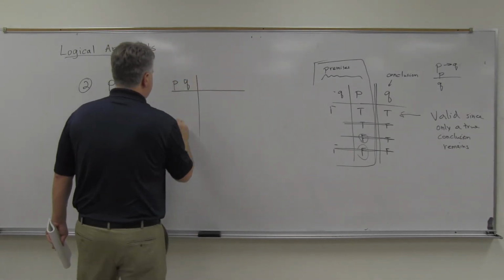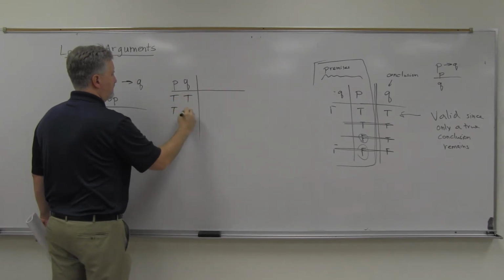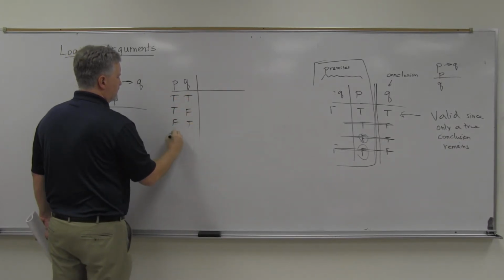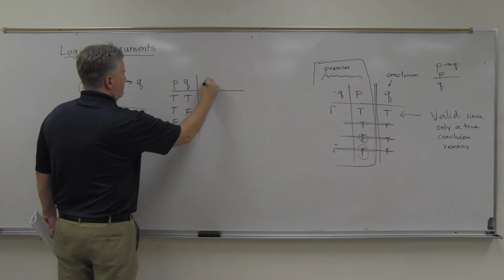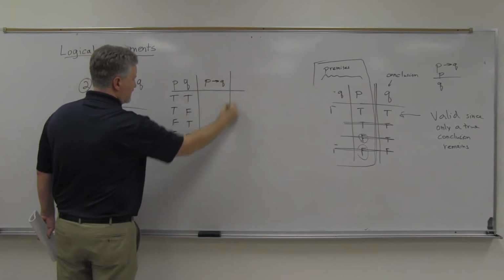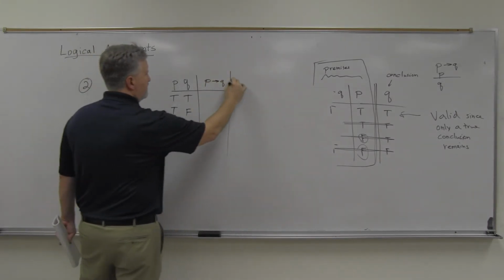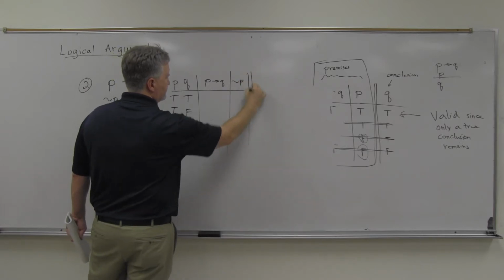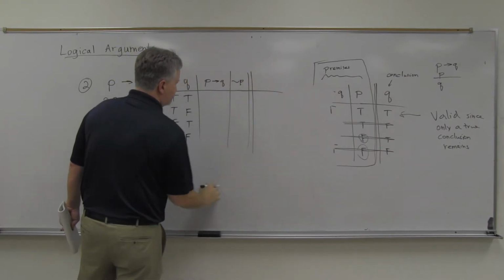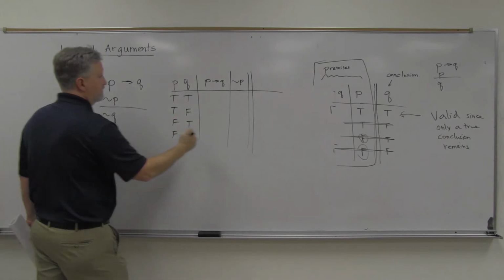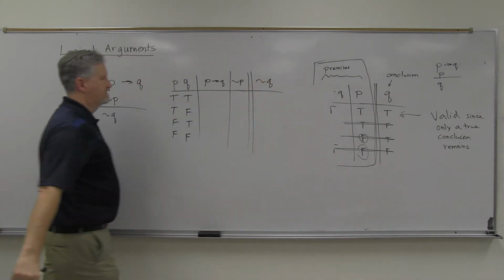P's, Q's: true, true, true, false, false, true, false, false. P arrow Q, column for it. Second premise is not P, so we'll do a column for it, and distinguish it with 2 lines.